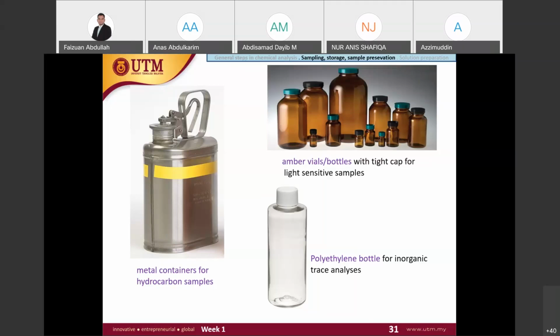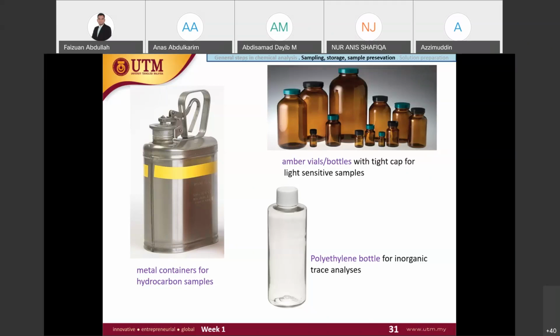The very easy example is metals. Metals are not organic. It's an inorganic analyte. Okay. So for the sample that we're gonna analyze the heavy metals or any inorganic materials inside the sample. For example, what is inorganic materials or analytes? Sodium chloride, calcium carbonate.